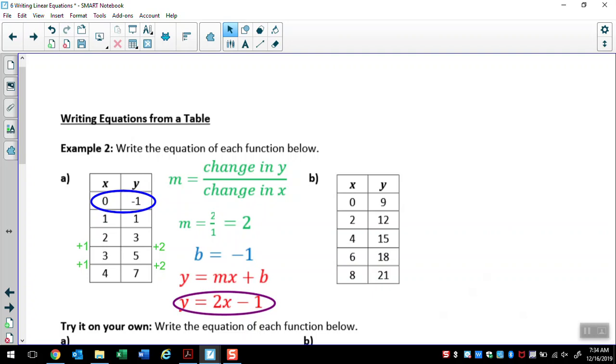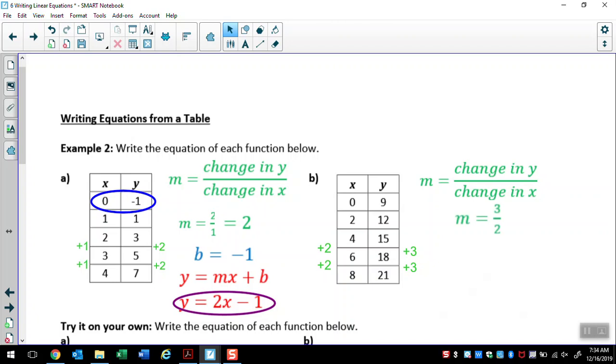Let's do one more. So again, we're going to find our change in y over our change in x. So to go through each of these, I had to add 3 both times for my change in y, and then for my change in x each time, we added 2. So my slope in this case is going to become 3 over 2.